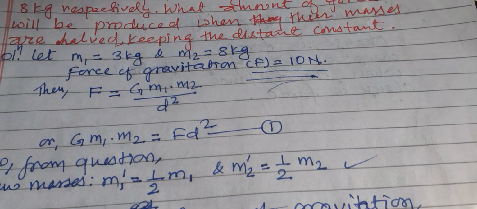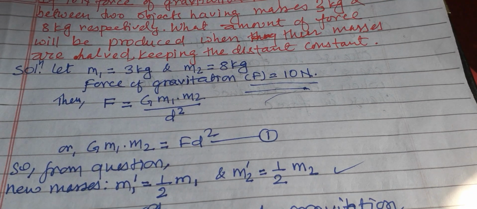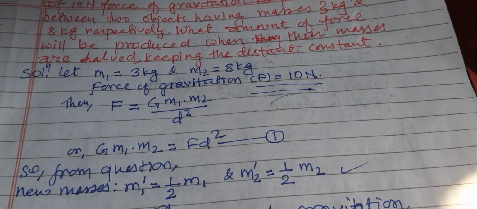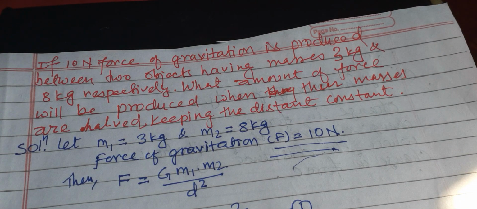Okay, look at this problem. If 10 Newton force of gravitation is produced between two objects having masses 3 kg and 8 kg respectively, what amount of force will be produced when their masses are halved, keeping the distance constant?